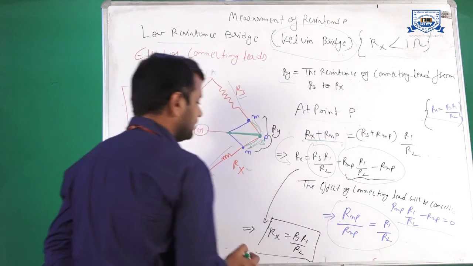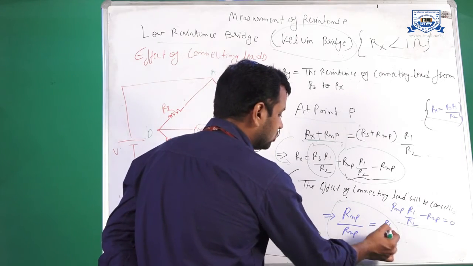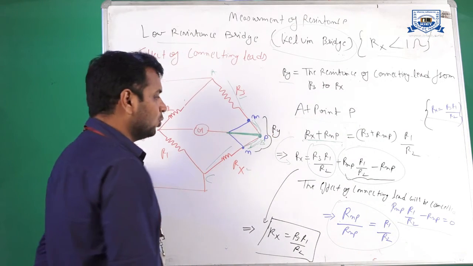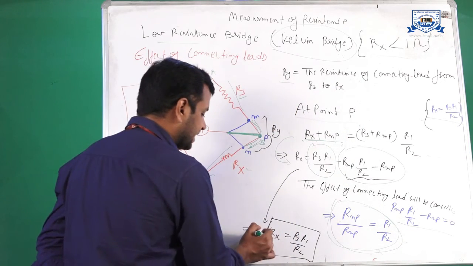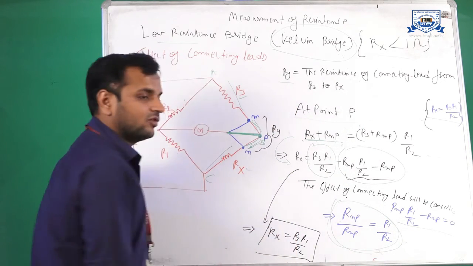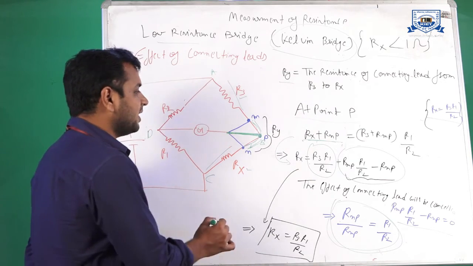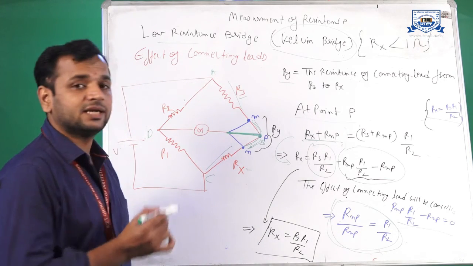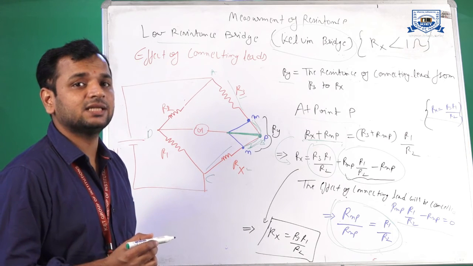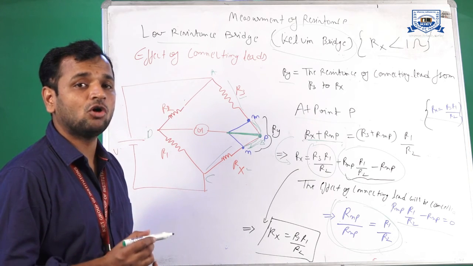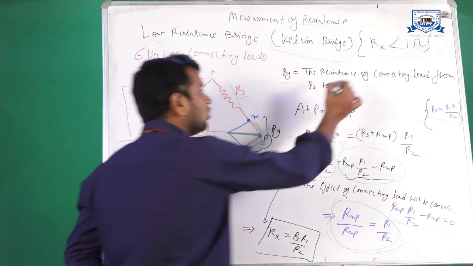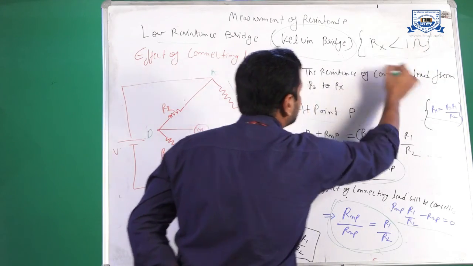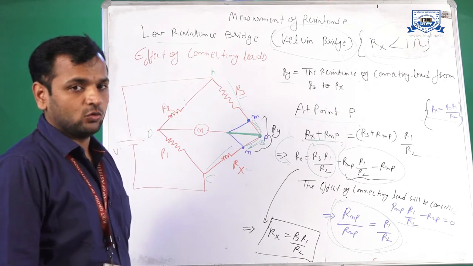If we consider this condition, then Rx will be equal to R3 R1 by R2. So in this way we can compensate the effect of lead resistance and measure the value of low resistance. And the range of low resistance is when Rx is less than 1 ohm. Thank you.